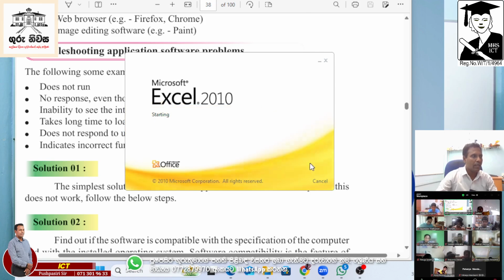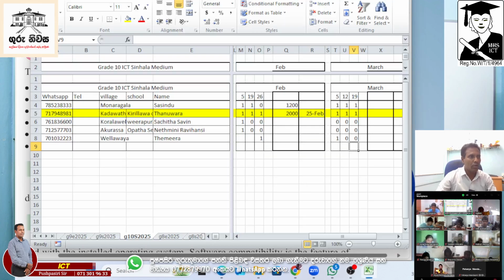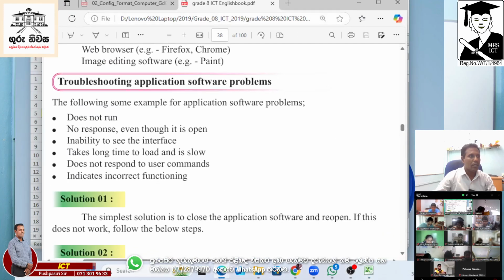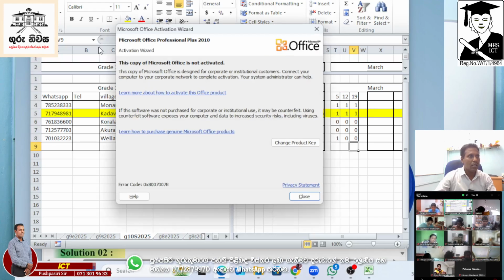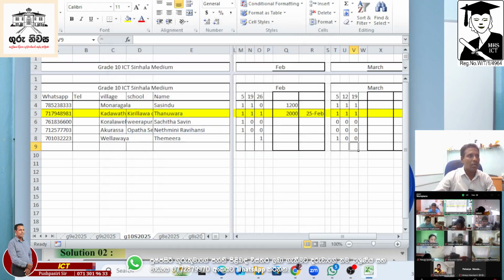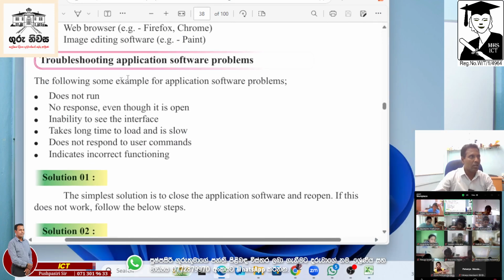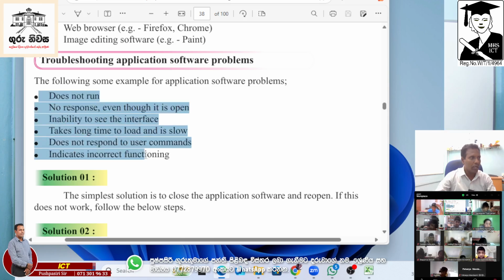Where we can write down those points, no? What are those points? The points that we can see here: does not run, no response. So these points you can write down. These are the problems raised because of the software problem. So write down this one by one.